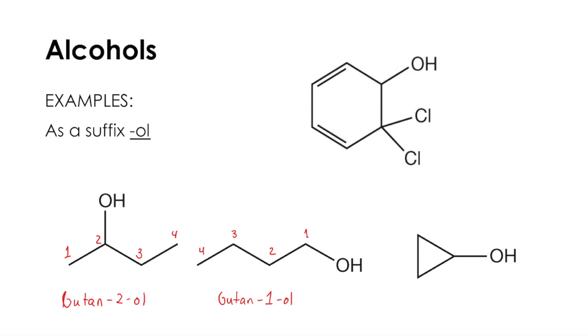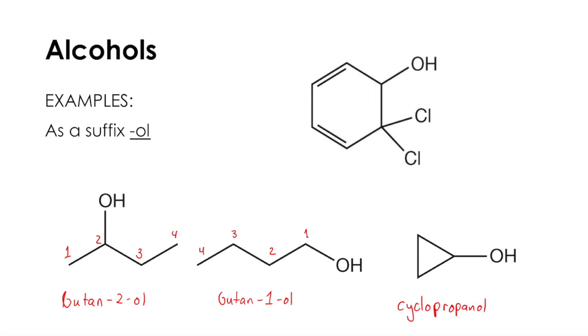And for this cyclopropane, I can actually just call that cyclopropanol. And that's because the OH is always going to be position 1 in a ring, so I don't have to specify its position 1. So now let me go to the more complicated situation.